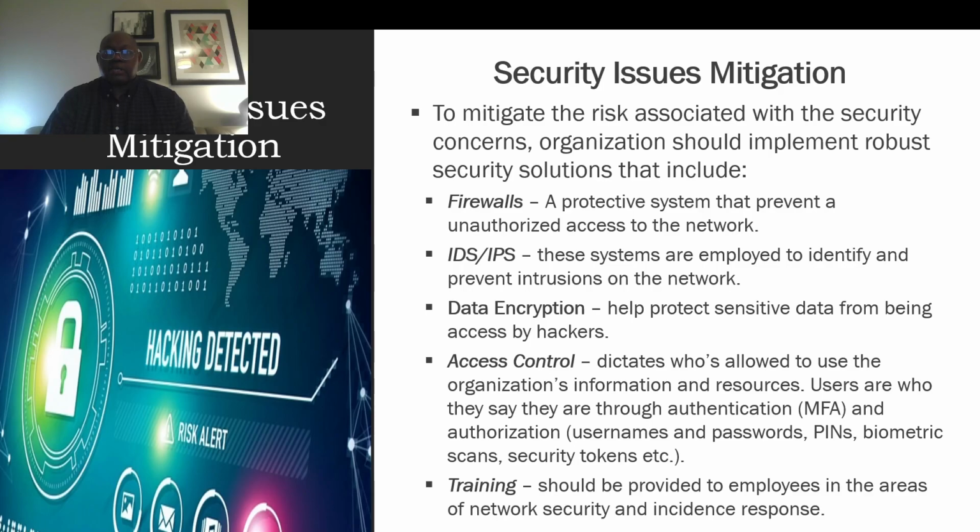They should also install access control. This dictates who is allowed to use the organization's information and resources. Users are verified to be who they say they are through authentication, multi-factor authentication, and authorization, like usernames, passwords, PINs, biometric scans, security tokens, and also training. Training should be provided to employees in areas of network security and incident response.